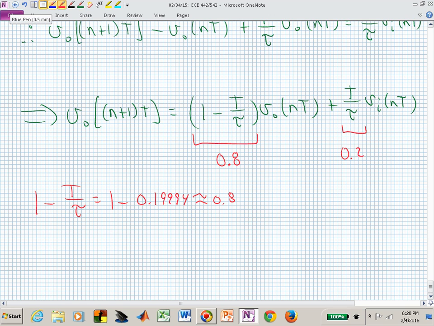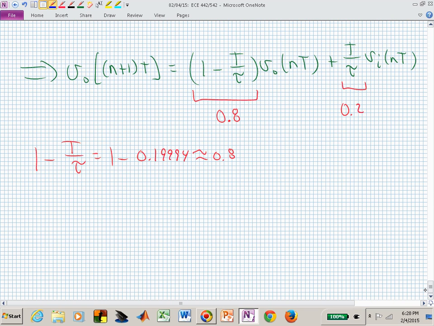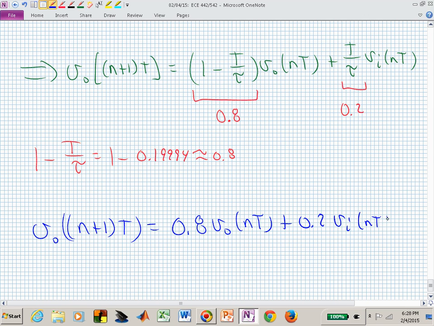And now we have our difference equation. We have v naught of (n plus 1)T equaling 0.8 v naught of nT plus 0.2 v sub I of nT.